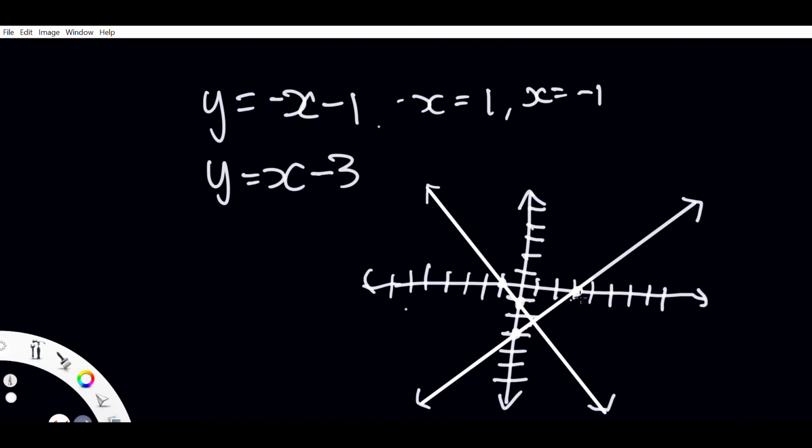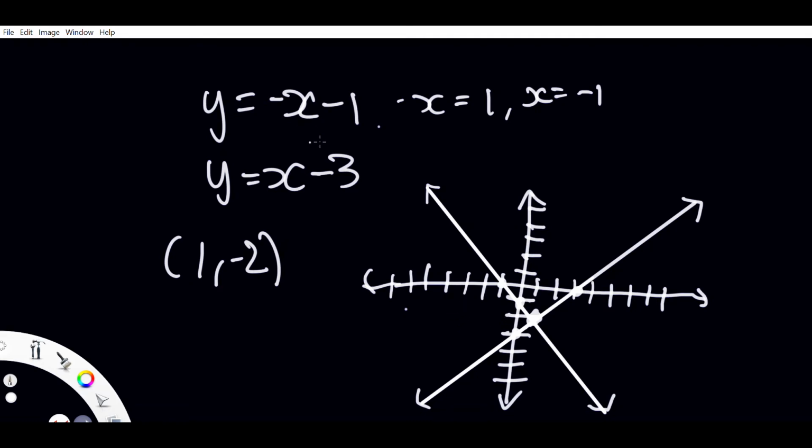Now that we have two lines, we can see that they seem to intersect somewhere over here, which seems to be (1, -2). So what we're solving for in a solution of a system of linear equations is the intersection of the two lines when they're graphed, or an ordered pair which works for both equations.